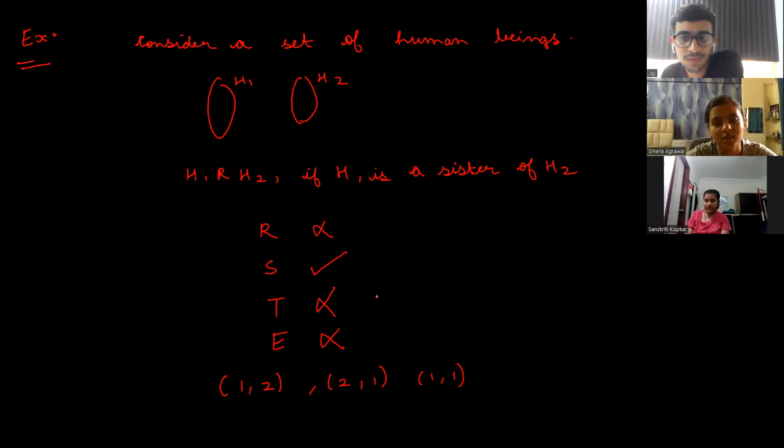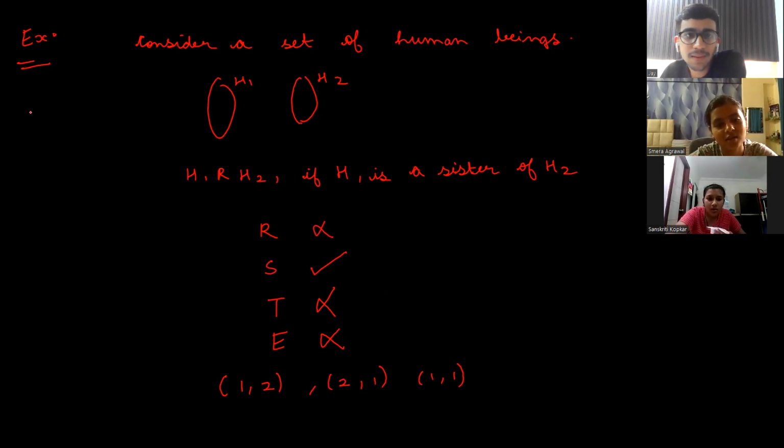But sir, I found the relation is H1 is a sister of H2, so 1, 2, but 2, 1 we can also write. I don't understand. You are thinking how 1, 1 will come? That human 1 and human 2 are different, is that what you are thinking?